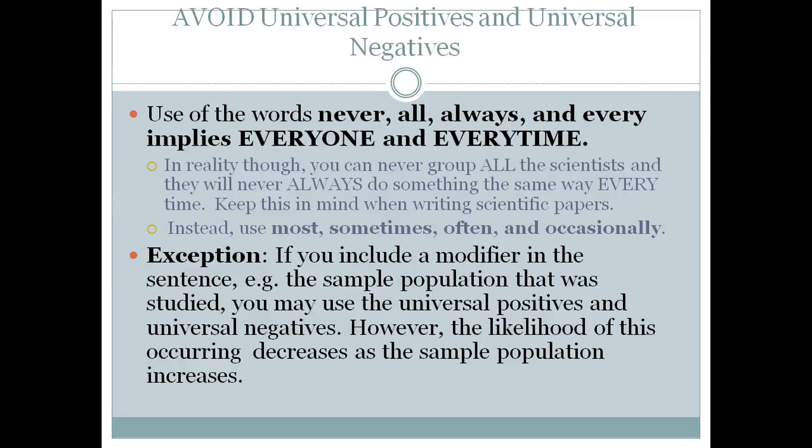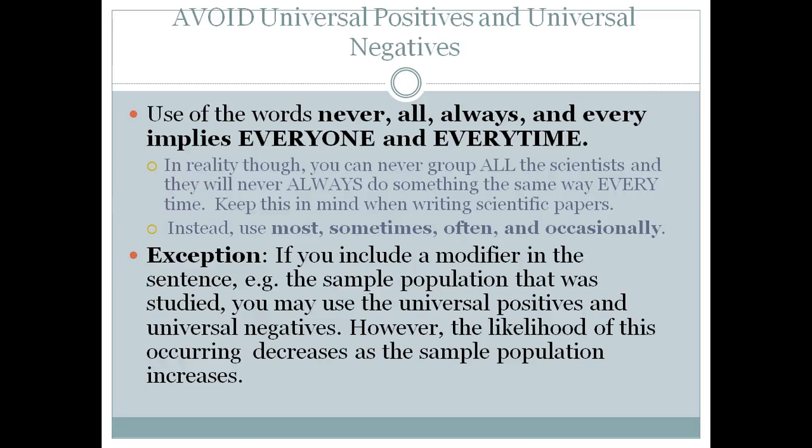This is a big one: avoiding universal positives and universal negatives. Most of the time in scientific writing, you never, ever, ever want to use the words never, all, always, and every, because it implies everyone at every time, and we all know that everyone does not do everything every time the same way all the time.